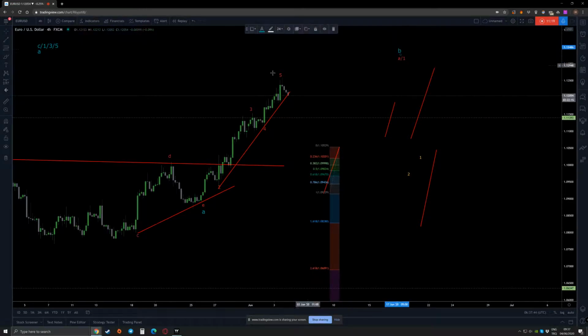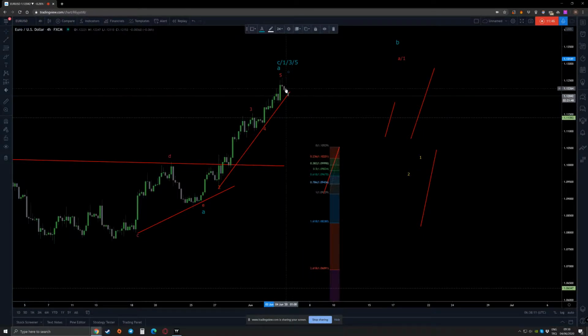If it's like 1, 2, 3, 4, 5, it means that we are either like this, or like I said, it will be one degree lower. But if this impulsive wave is finished, it means that if we have, for example, finished one of them, we will still need some type of retracement.